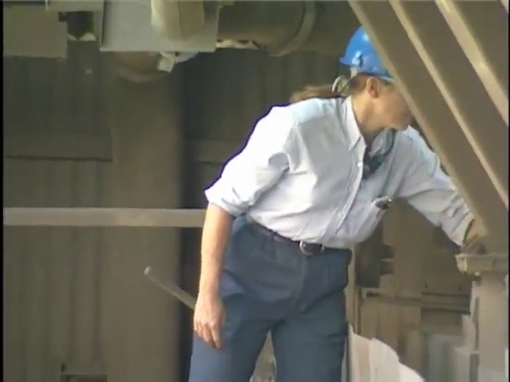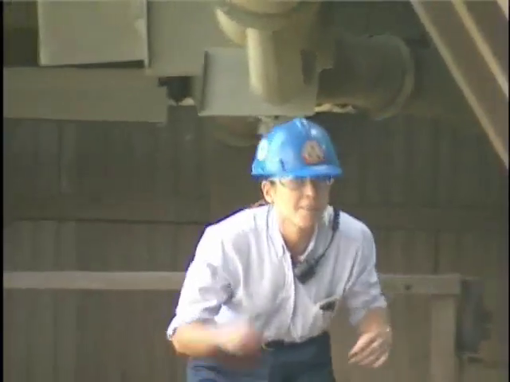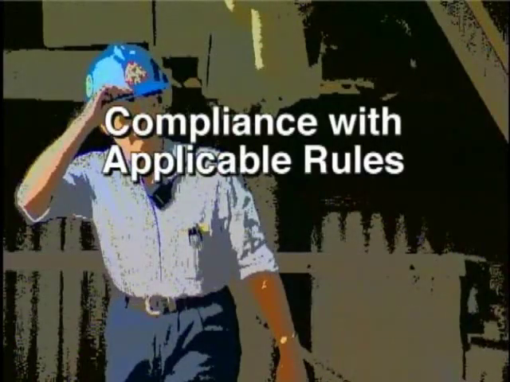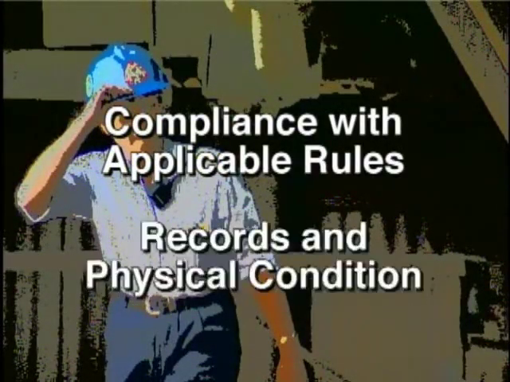The inspector should always be aware of the air pollution sources' need to be in compliance with applicable rules, and to observe the source's records and the control device's physical condition.